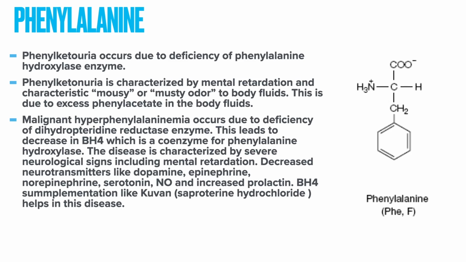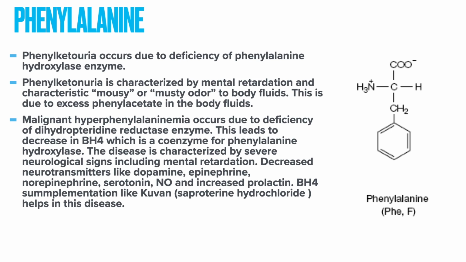It is a more severe disease compared to classic phenylketonuria, because in this disease the phenylalanine derivative, that is tyrosine, which gives dopamine, norepinephrine, epinephrine, they all will be decreased. Tryptophan conversion into serotonin needs tetrahydrobiopterin, so serotonin will be decreased. Conversion of arginine into nitric oxide needs tetrahydrobiopterin, so that will be decreased.